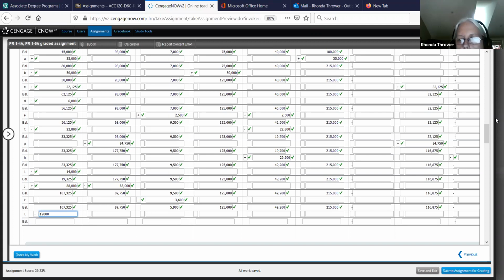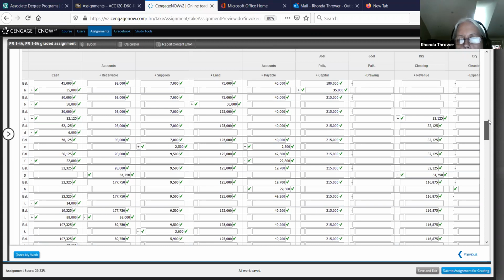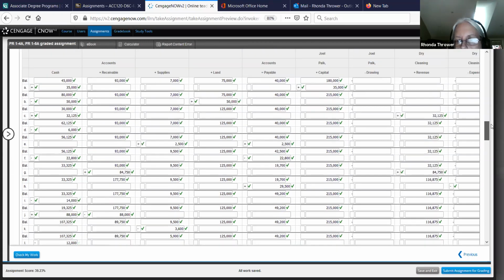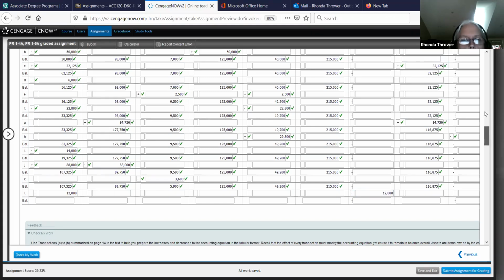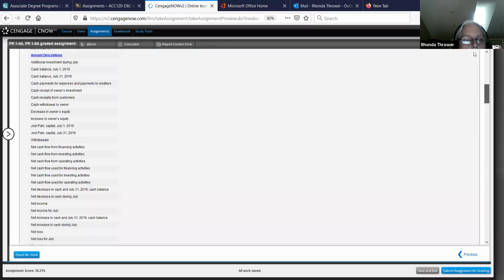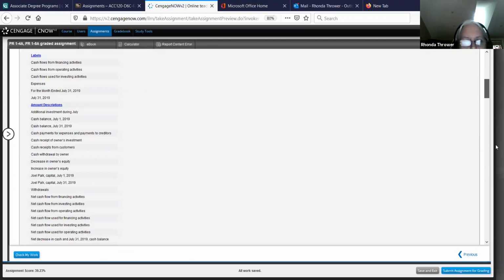And my owner's equity is going to be decreasing for the $12,000 amount of the withdrawal. I'll double check my amounts. 12,000 is how much we withdrew.